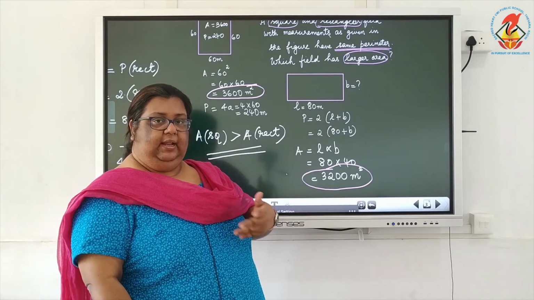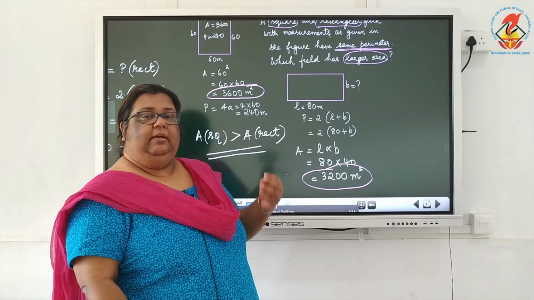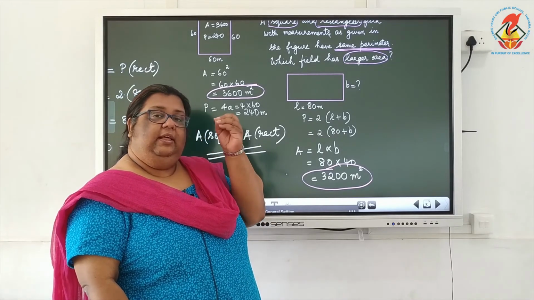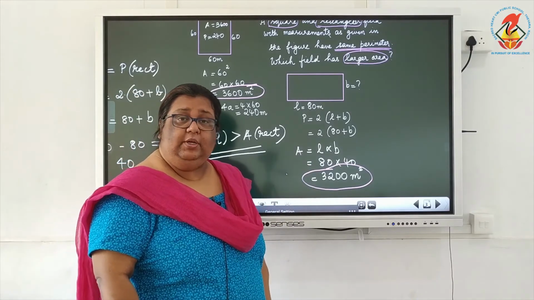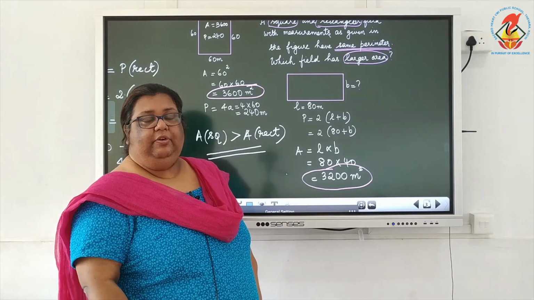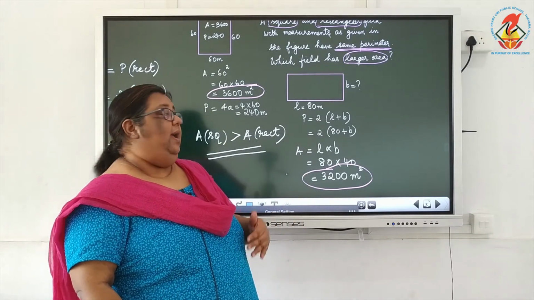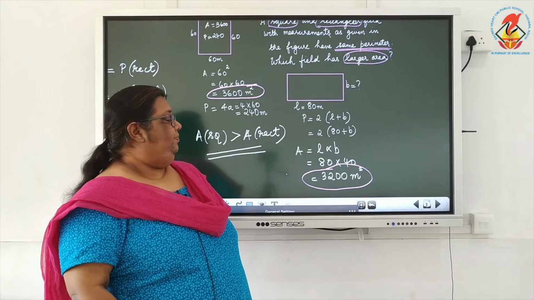Rectangle, find the area, find the perimeter. If any one dimension is missing, then read the question again. There will be some clue given in the question. In this particular question, both the figures are having same perimeter. From there you will get the breadth and then you can find the area. Okay.